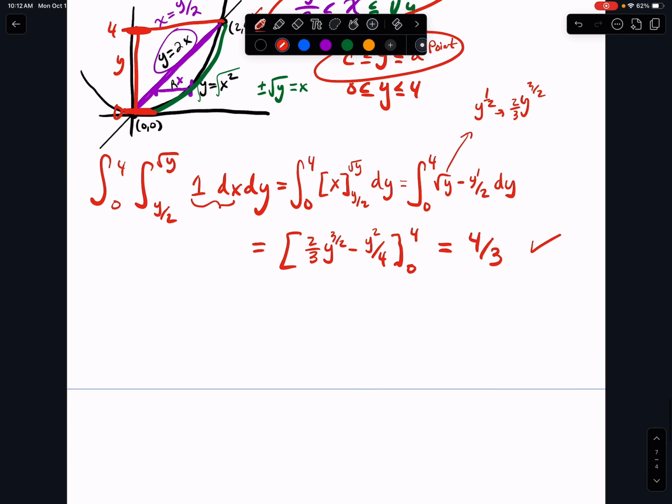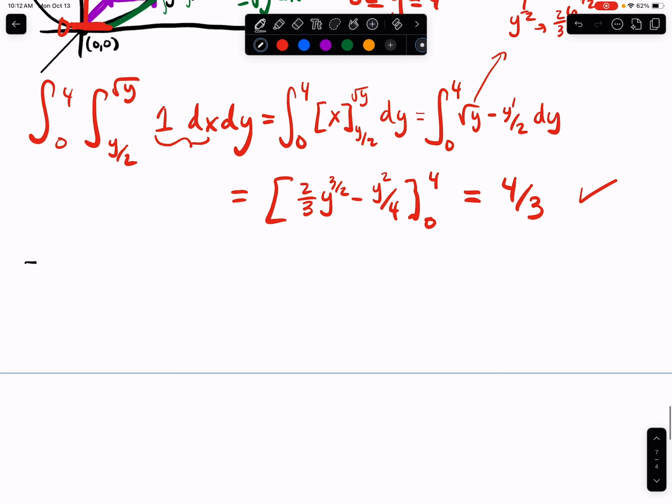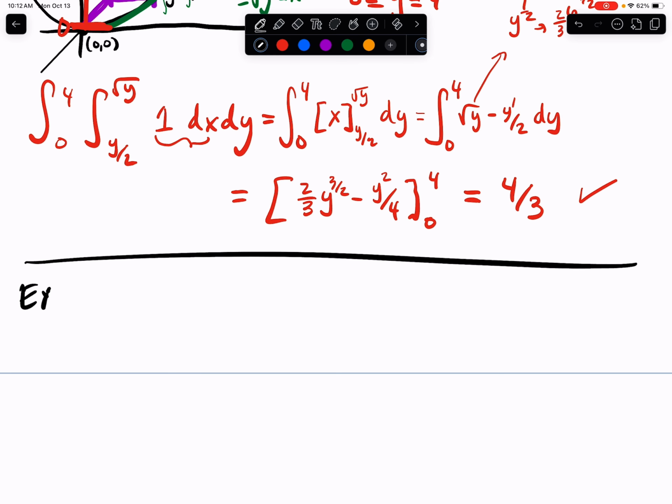All right, so here's an example. Rewrite. So this one, we don't actually have to solve the iterated integral, we just want to rewrite it.